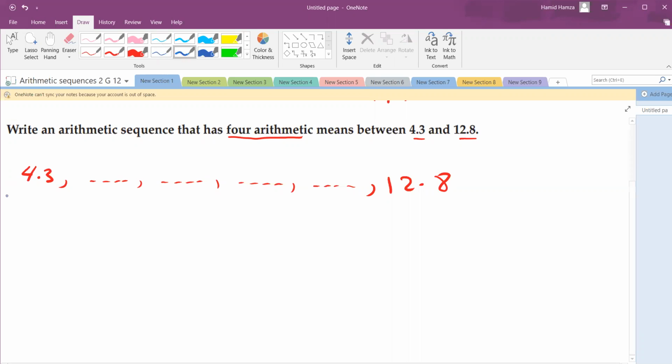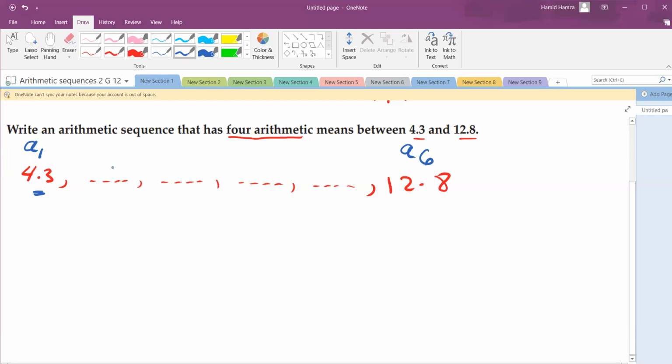In this case, this term represents the first term, A1, and counting 1, 2, 3, 4, 5, 6, this term represents A6. To create an arithmetic sequence, we need to know the first term, which is given, and also the common difference.